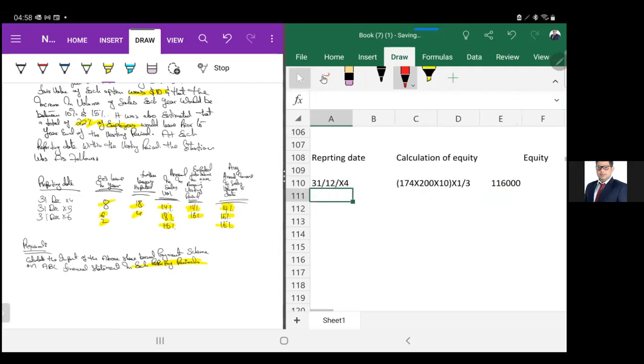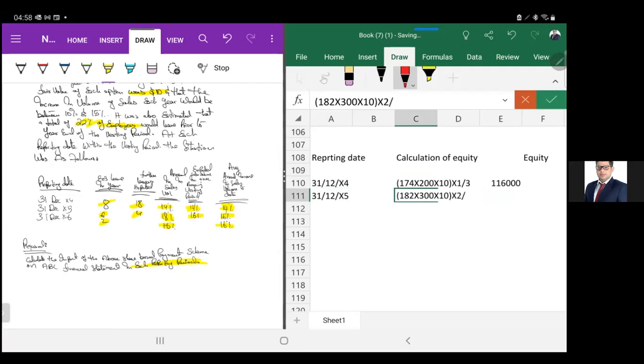Then next year, 31st December X5, 182 multiplied by now 300 options, multiplied by the fair value at grant date, and it is for 2 years out of 3. So simply first calculate the equity.